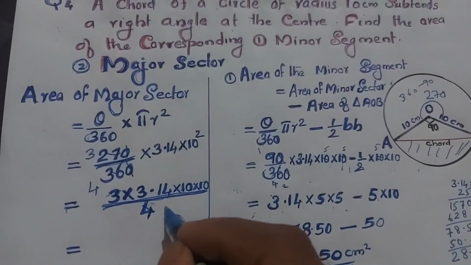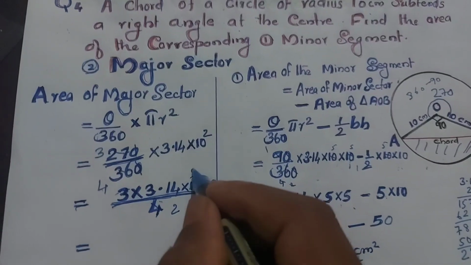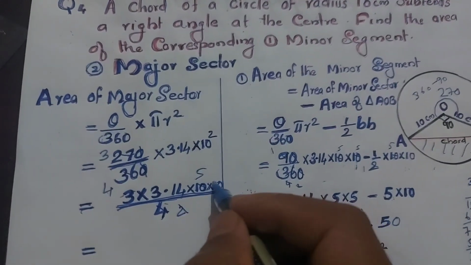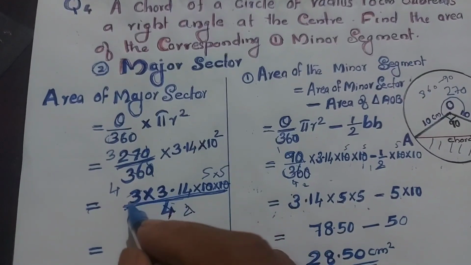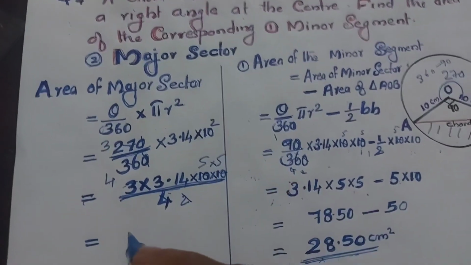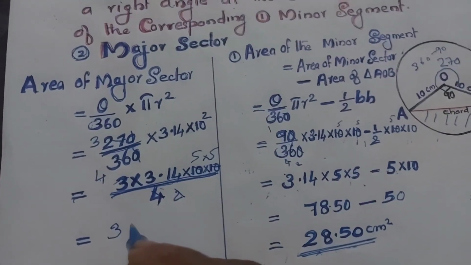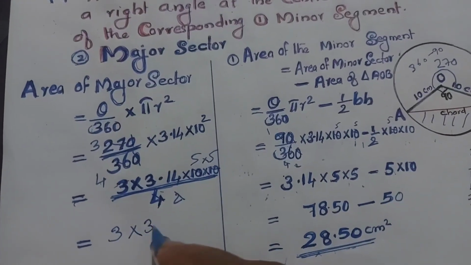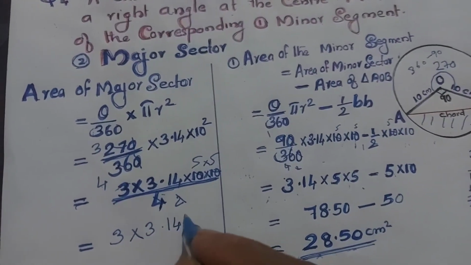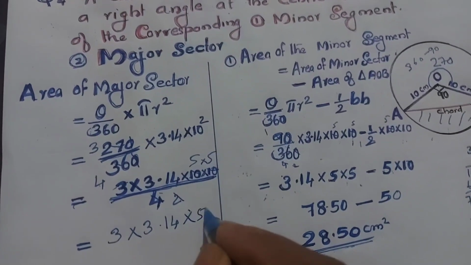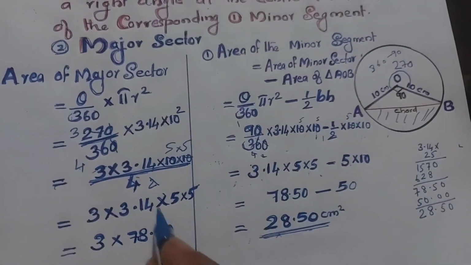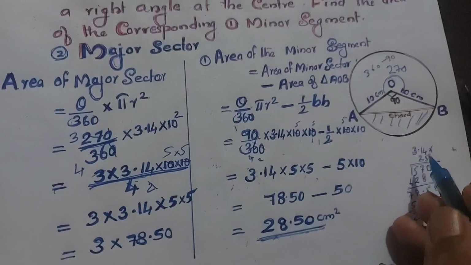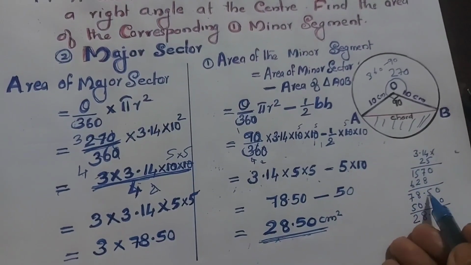Then 2 twos are 4, 2 fives are 10, 2 fives are 10. Then the balance is 3 into 3.14 into 5 into 5. 3.14 into 5 into 5 is equal to 78.50.